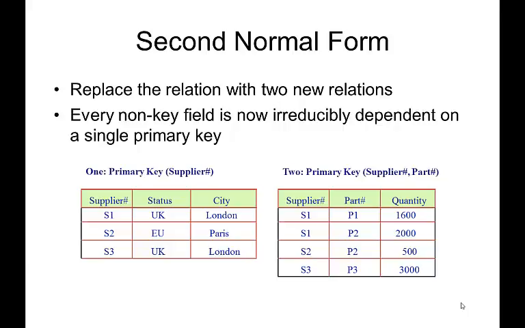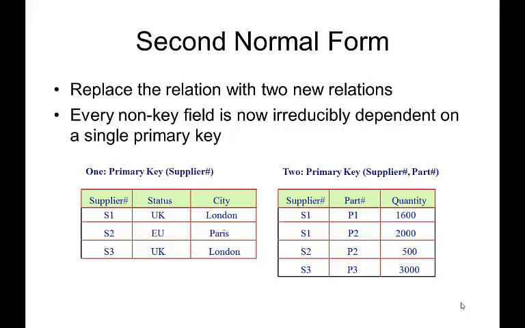So in this case, now city is only dependent on the supplier. So that's great. We're dependent just on the only primary key in this table. The primary key has one field, supplier number, and the city is dependent on the supplier number. That's great. We are now in the situation where all non-key fields are irreducibly dependent on the primary key.